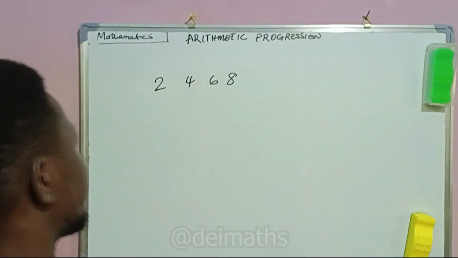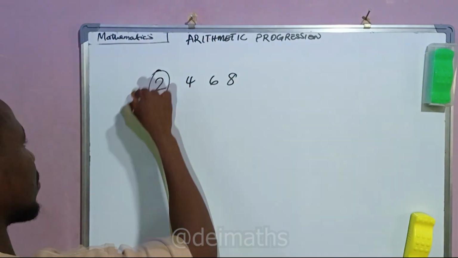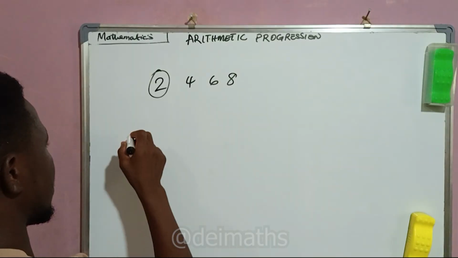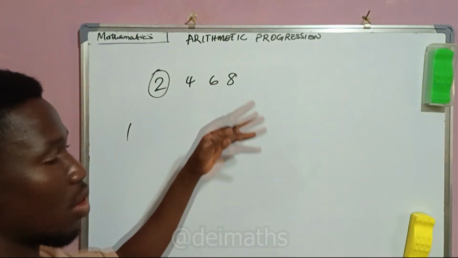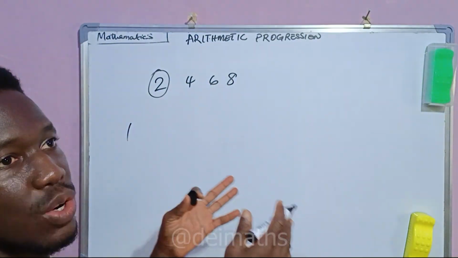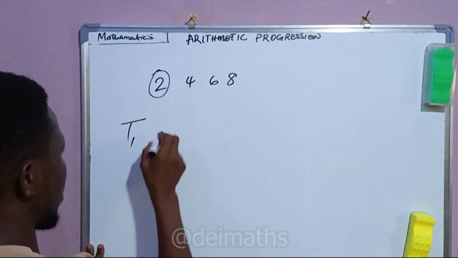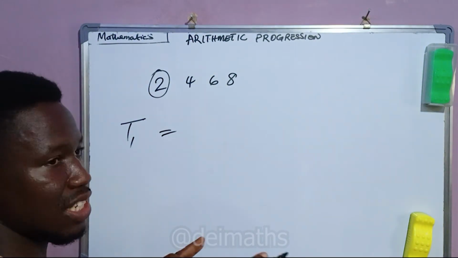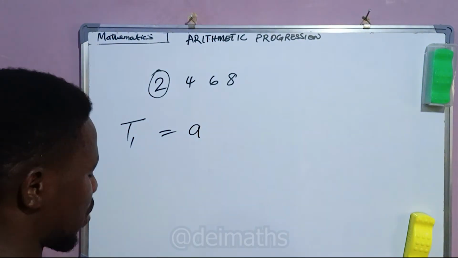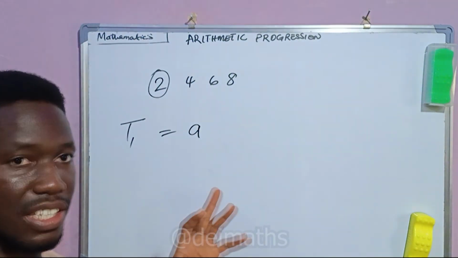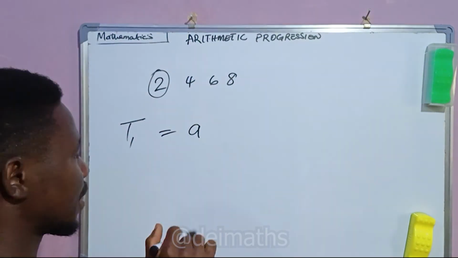So now in arithmetic progression, all these are called terms in a sequence. The first term is called T1, and in this lesson we call it A. So wherever you see A in this class, you know that we are talking about the first term.